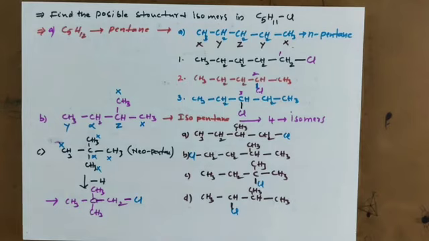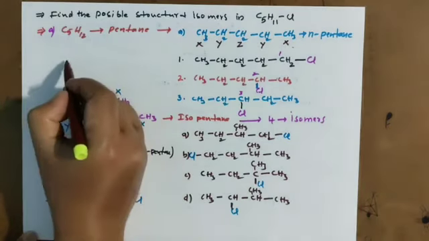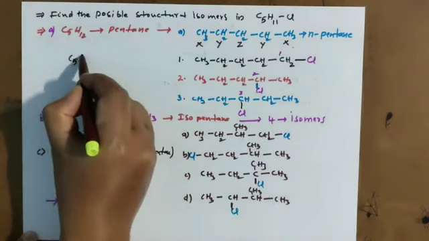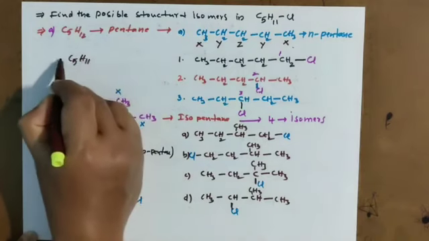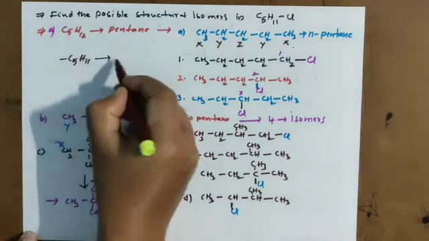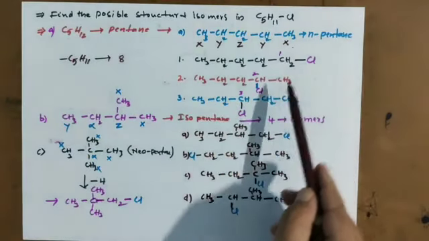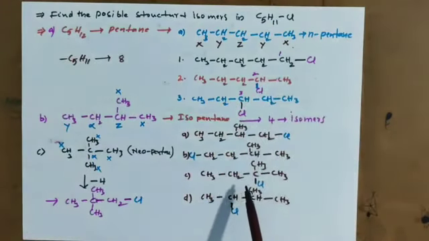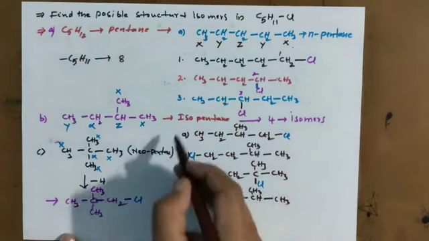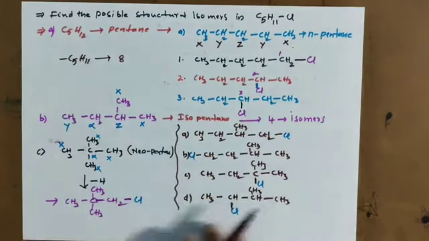I told already, in the pentyl group, C5H11, this is the pentyl group. If the pentyl group is there, 8 types. Means N-pentane 3 isomers, isopentane 4 isomers, neopentane 1 isomer.